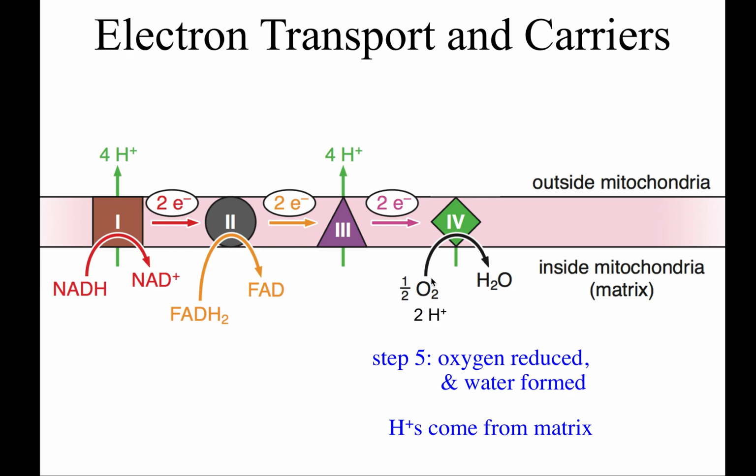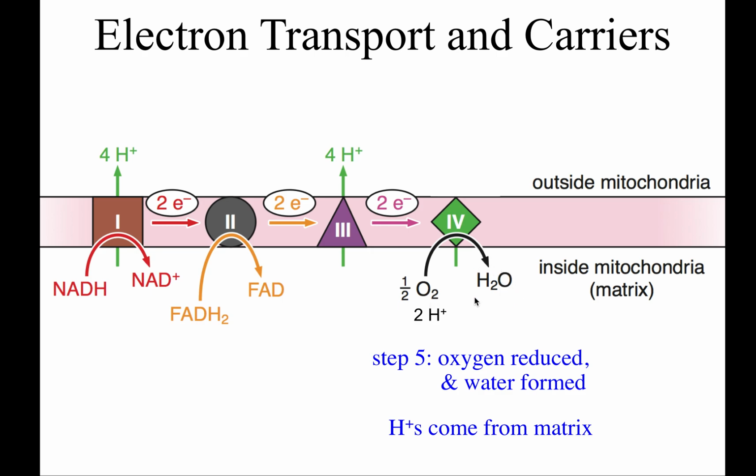The oxygen that you find in the atmosphere is in the form of 2 oxygen atoms, or O2. Atomic oxygen is in the form of 1 oxygen atom. It's unusual to find it in that form, and so it's written as half of an O2. They get passed on to that O2. O2 gets reduced by those electrons and becomes water.